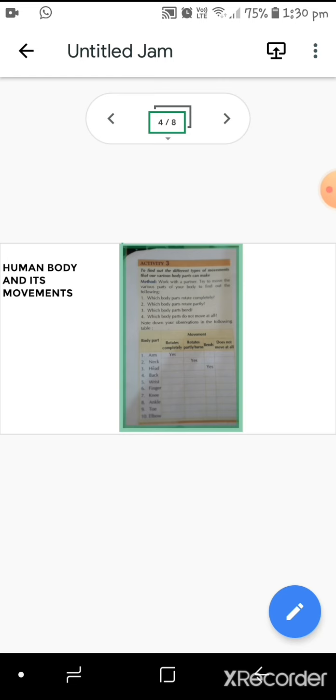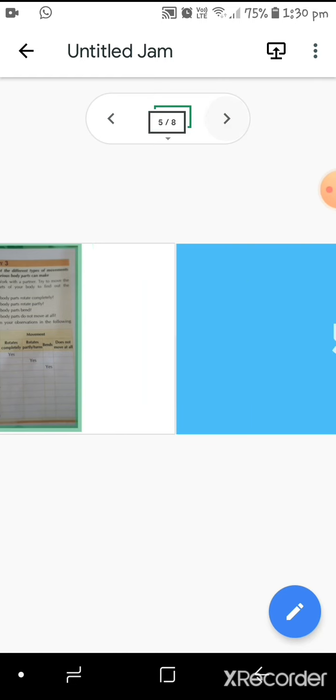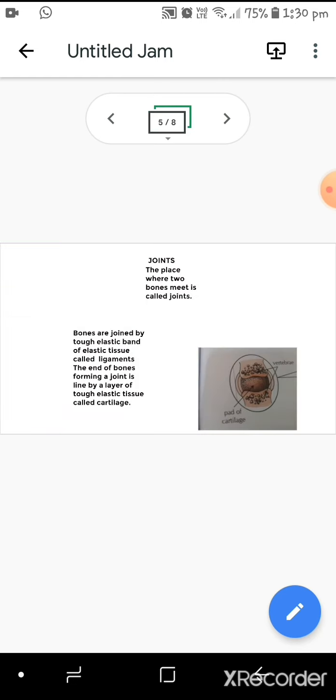Now let us learn about joints. What are joints? Two bones are joined at different places. The place where two bones join is called a joint. Bones are joined by tough, flexible bands of elastic tissue called ligaments.